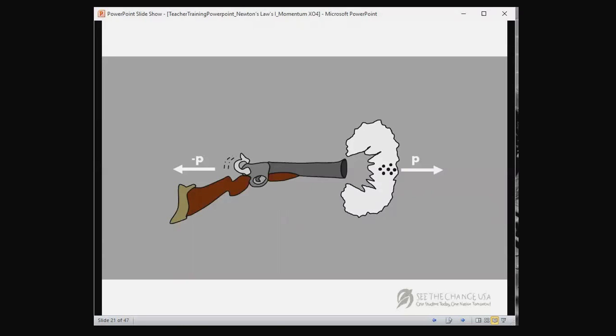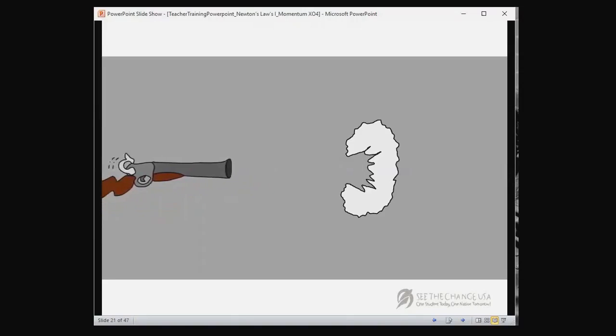The reason is that momentum is not the same as velocity. Remember, when you have two things with the same momentum, their velocity is dependent on the mass. The gun is more massive, so that means it's going to move slower than the little bullets. See that in this nice little cute picture.